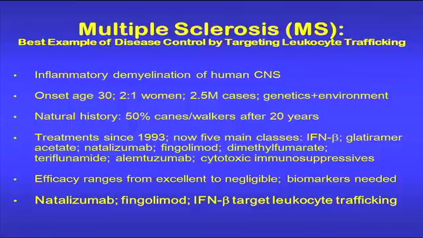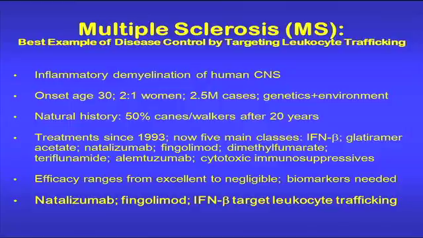MS became a treatable disease in 1993, and there are now at least 5 main classes of agents used for multiple sclerosis. Class number 1 would be the interferon beta products. Class number 2 would be glatiramer acetate. Class number 3 would be the monoclonal antibodies, natalizumab and alemtuzumab.